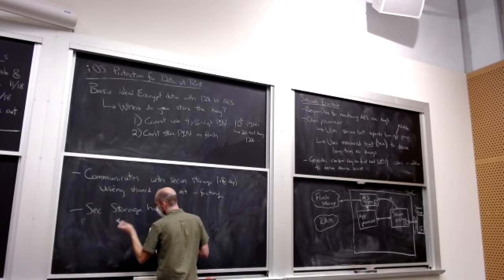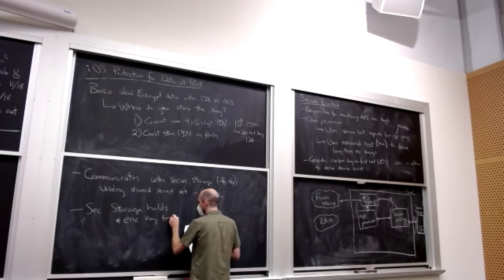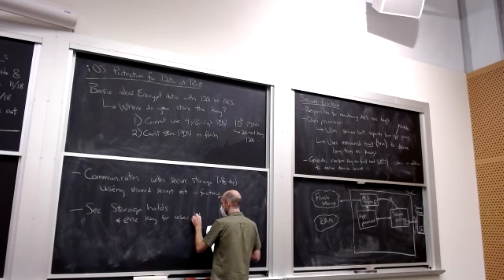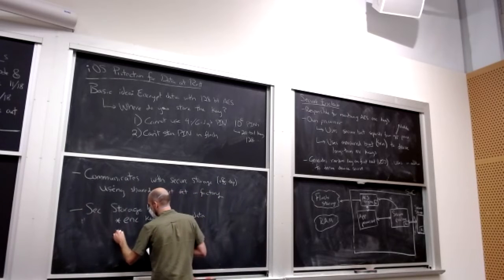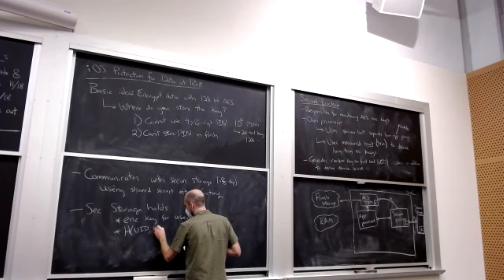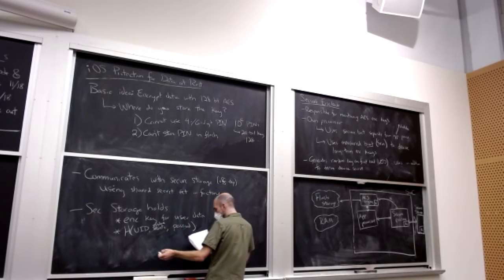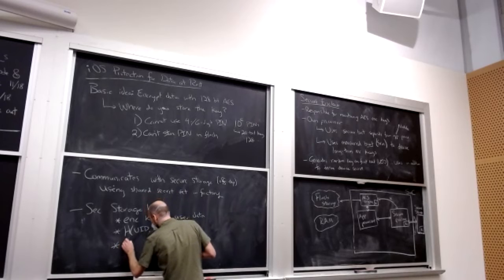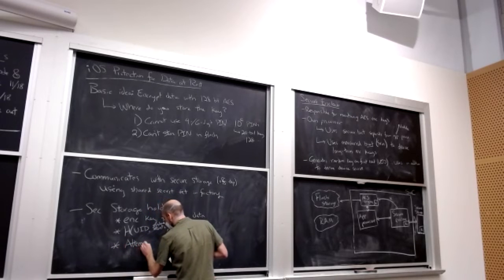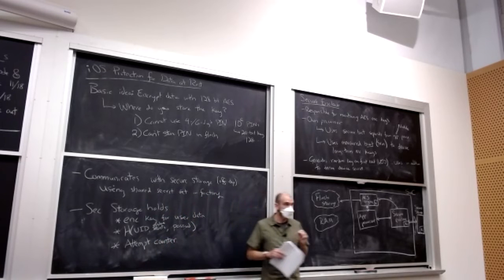This is obviously going to be a gross simplification, but it holds an encryption key for the user data, a hash of the UID and other secrets, which I'll call enclave secrets, and the user's password or PIN. And it holds an attempt counter, which is how many times you've tried to guess your PIN.